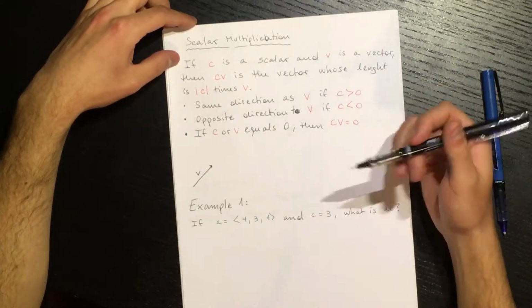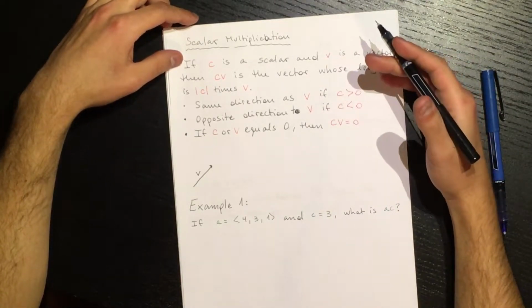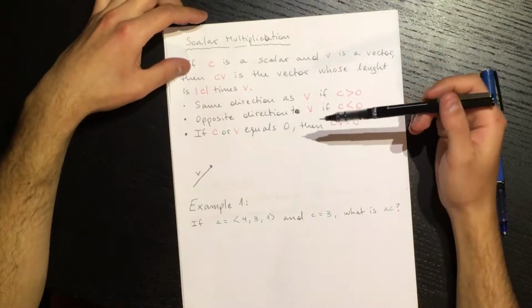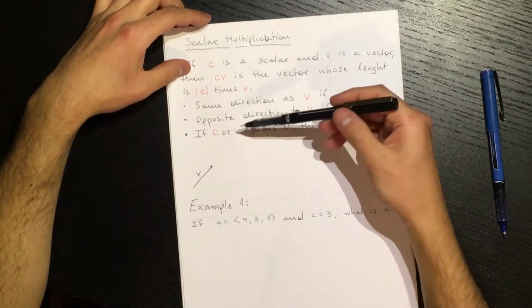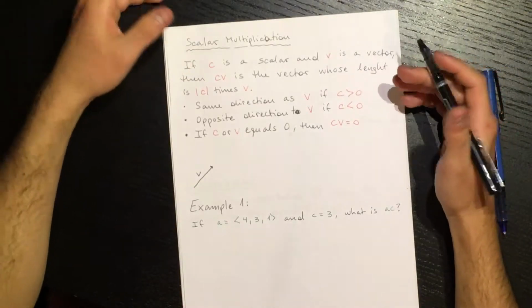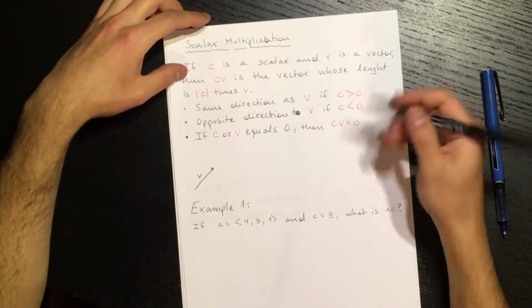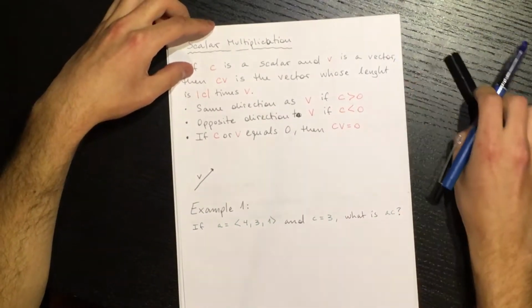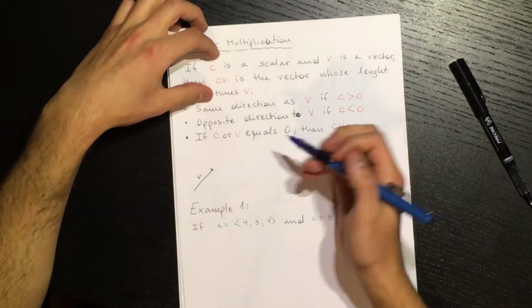So what we were doing before, if C is negative, it's going to be opposite, right? If either the constant C or the vector equals 0, then the multiplication between the two is going to be 0, of course.